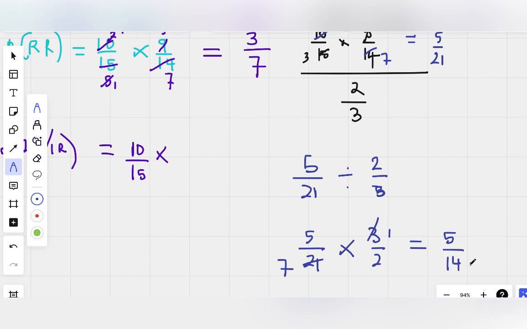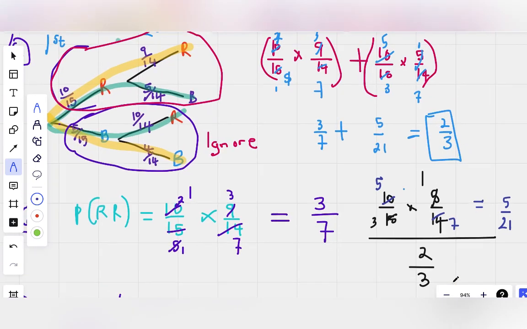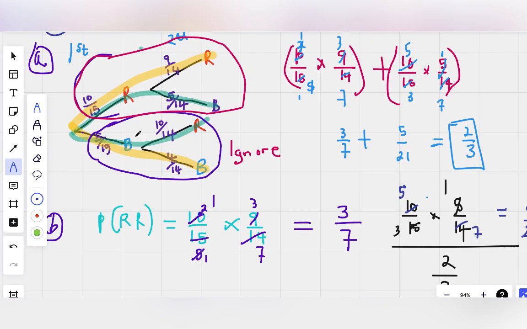This is the biggest question they will give you from a tree diagram. Please take note. In the exam, they can say, what's the probability of getting the second one red, given that the first one was black? Here we did this for this branch.